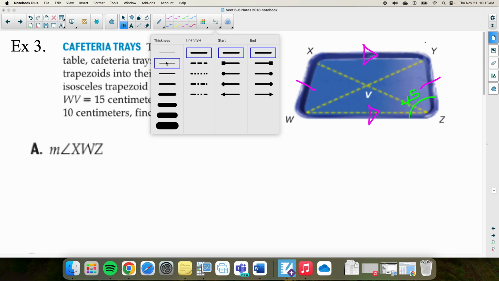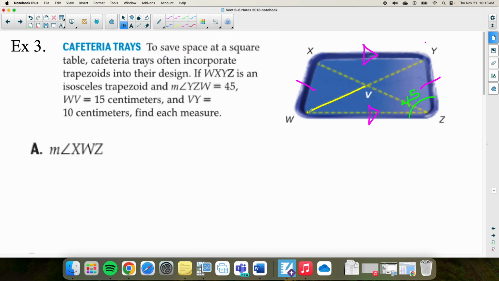WV is 15. That's this distance right here, okay? And VY is 10. VY is right here, that's 10. And they're asking us to find each measure, okay?